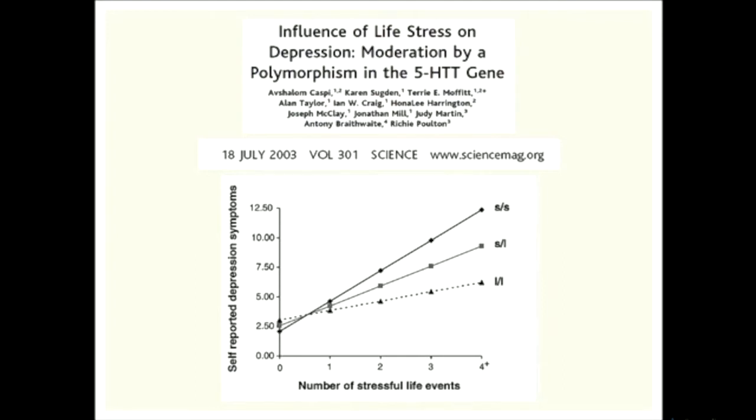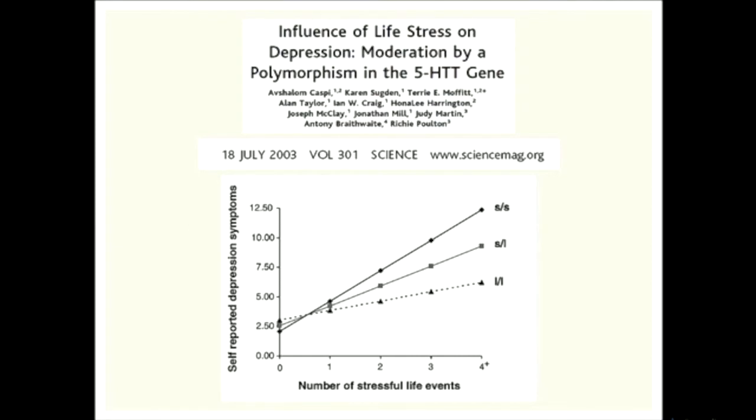Now, there's a lot of research showing that stressful life events increase the risk of depression. But what this study showed, and it was a very well-designed prospective cohort study in a cohort that was followed for a long time in New Zealand, the Dunedin cohort.